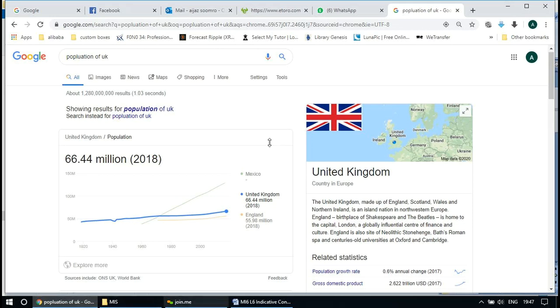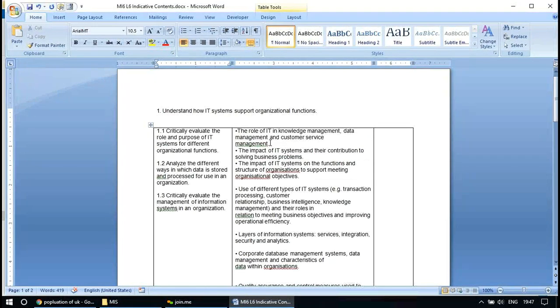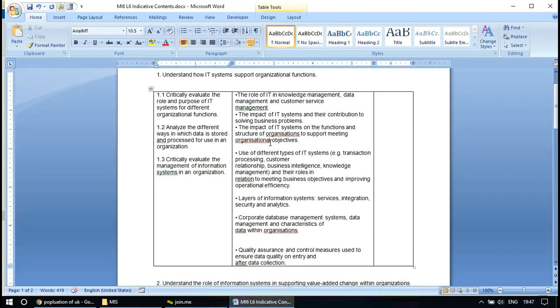Regarding the information system, it obviously depends on the databases and information technology, and the role of information systems is the key thing.